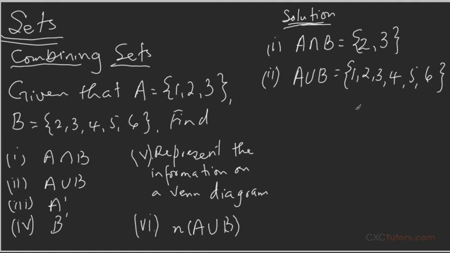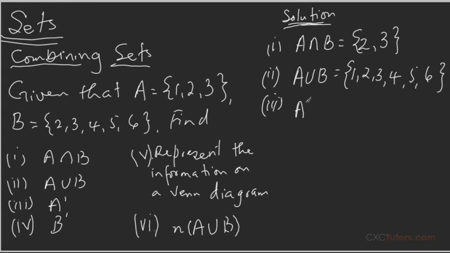You can draw your Venn diagram first, or whichever approach you take, it doesn't really matter. So if you wish to find part 3 first, you can do that. Part 3 says find A complement. All the elements that are in the universal set but not in set A would be A complement.